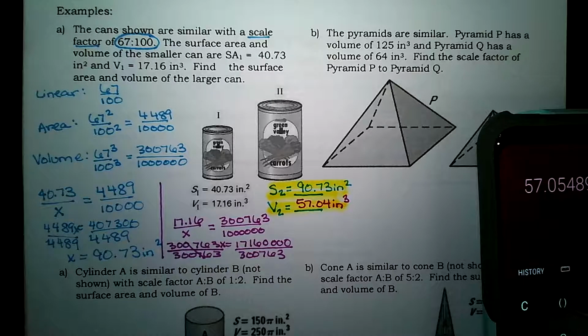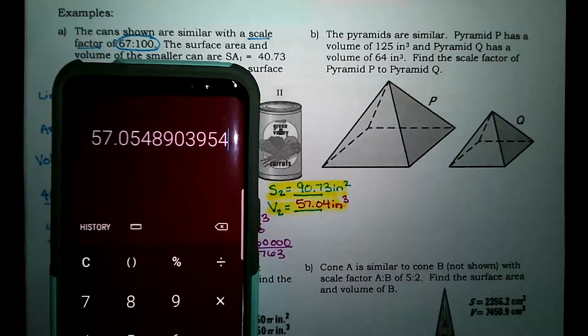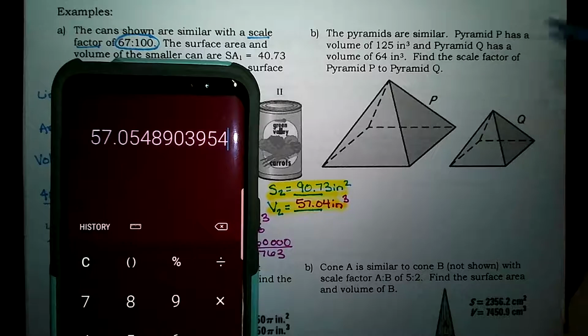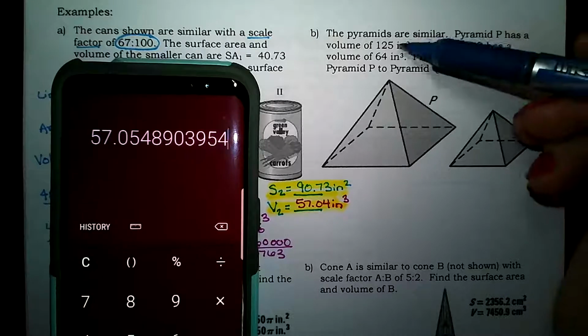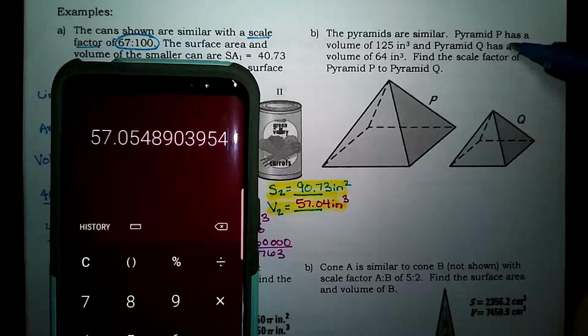All right, let's get another look. Example B. The pyramids are similar. Pyramid P has a volume of 125 inches cubed. Pyramid Q has a volume of 64 inches cubed.